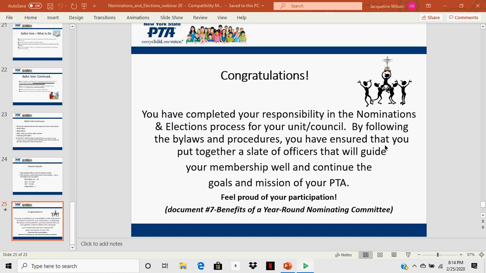Okay, and the idea is to give a balance to the nominating committee so that you have members from both the executive board as well as from the general membership who may not have an office or may not serve as a chairman. It's not the whole committee, it's just the chairman of the standing committees. Committees like HARP or hospitality or beautification, whatever committees that run all year long.